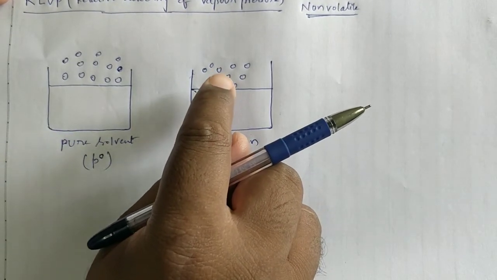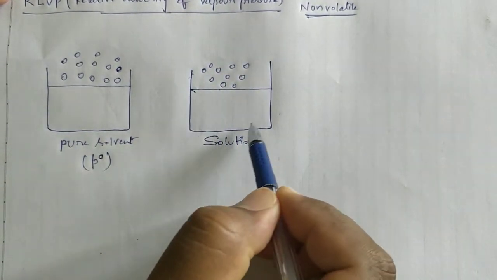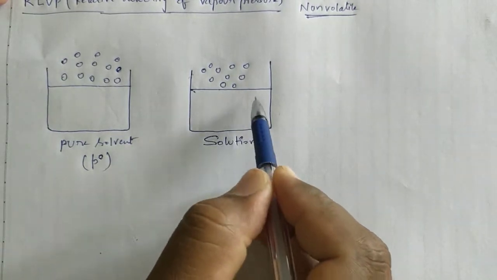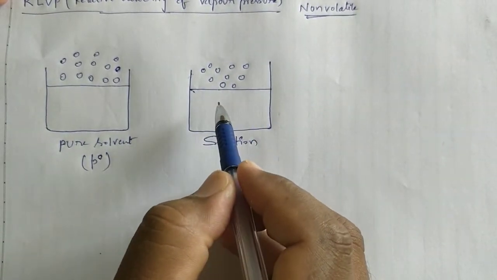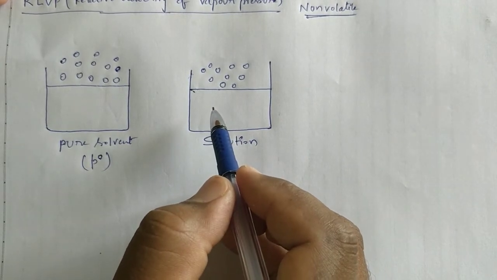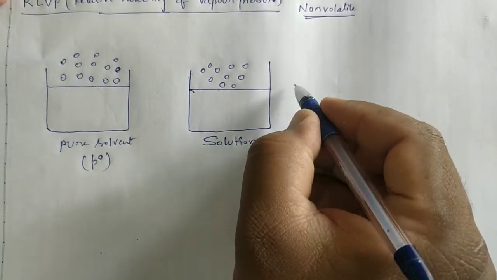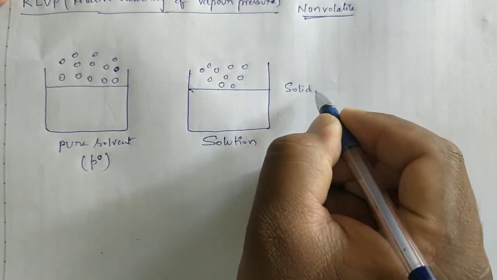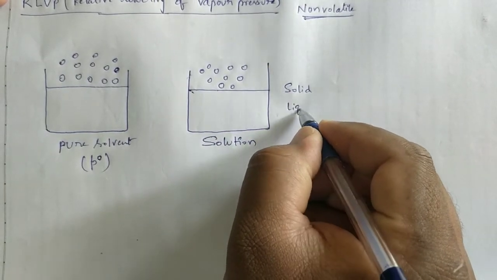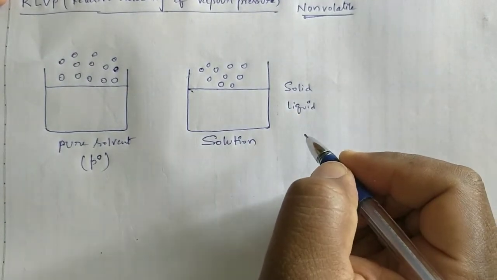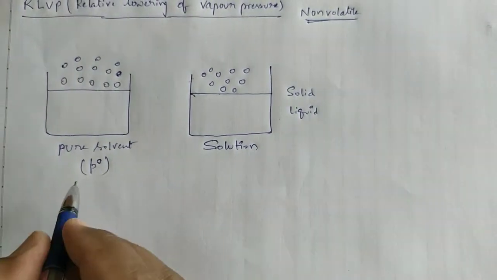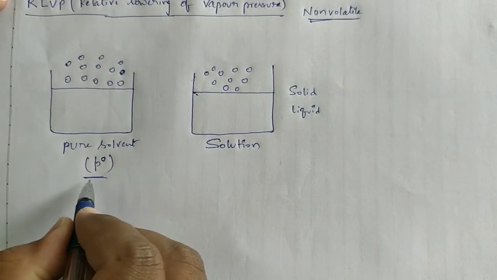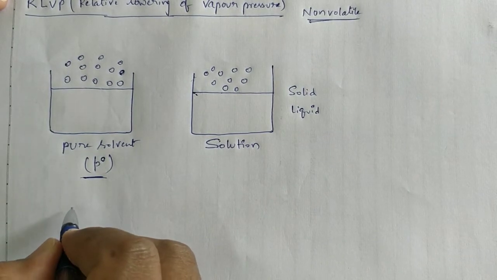What are those gas molecules? Those are from the solution. In solution, what are the particles present? Solid, which is non-volatile, and liquid. Solid and liquid. Now let us consider pure solvent vapor pressure is P naught.